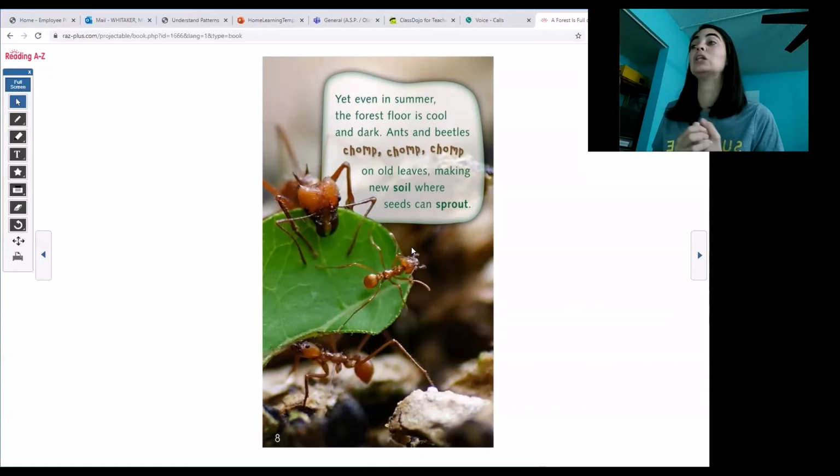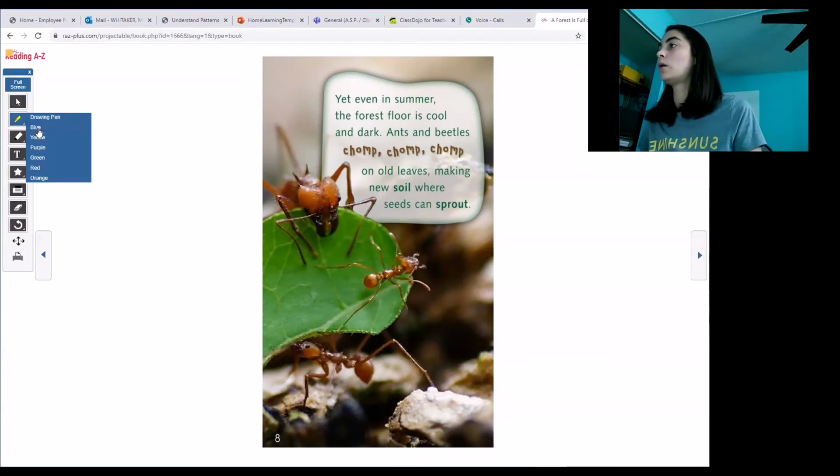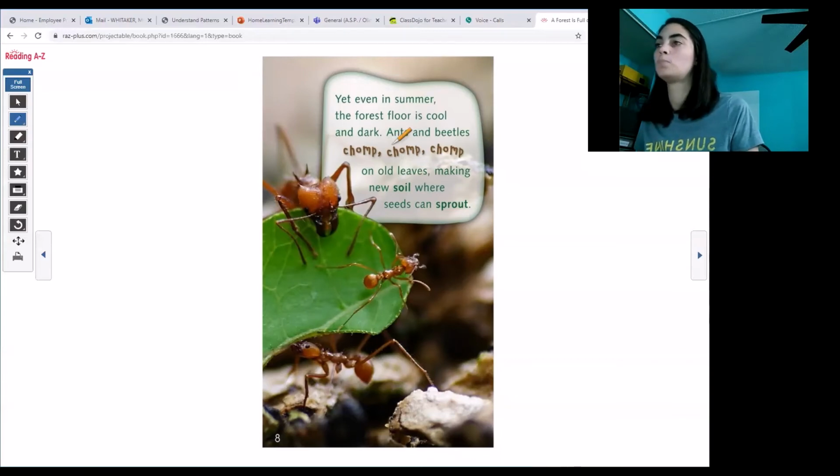I see a lot of adjectives on this page. I want you to put a star next to each adjective you find on this page. So I'm going to underline the noun, and I want you to put a star by your adjective. So I'm going to underline: Yet even in summer, the forest floor is cool and dark. Ants and beetles chomp, chomp, chomp.